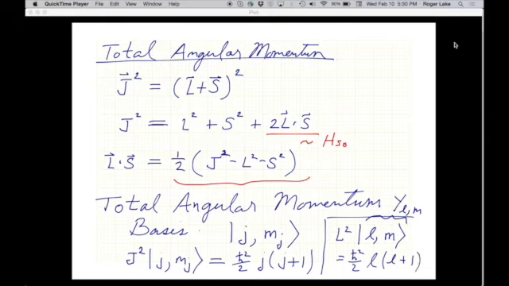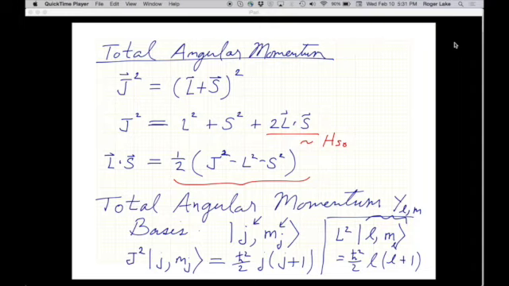Where L is your orbital angular momentum in this case, and m is the z component. I'll write m sub L since there are going to be multiple m's. So over here, this is your total angular momentum, and this is the z component of your total angular momentum, exactly analogous to your orbital angular momentum.